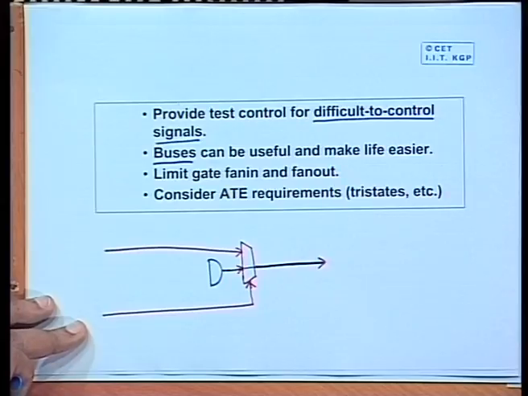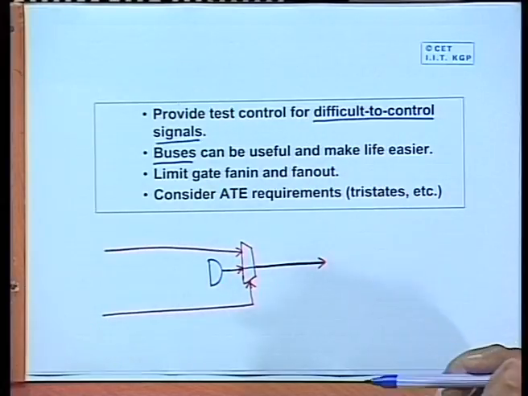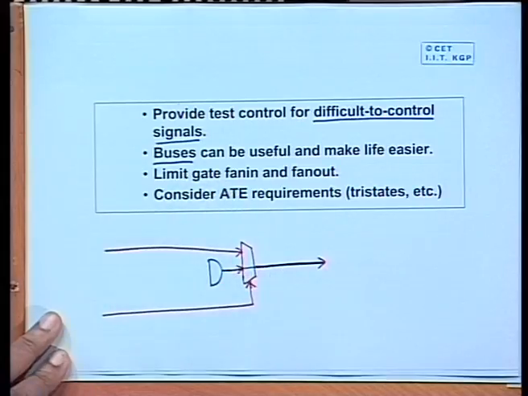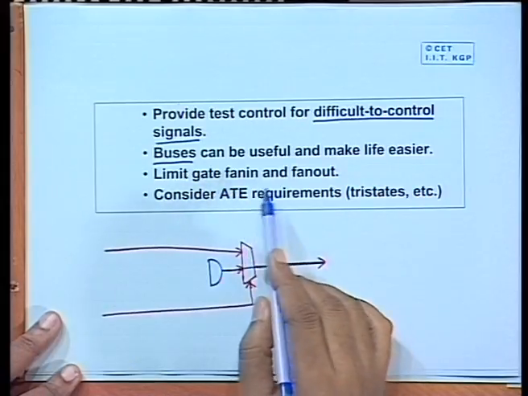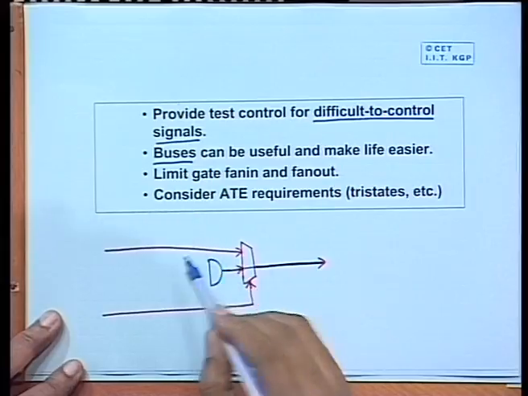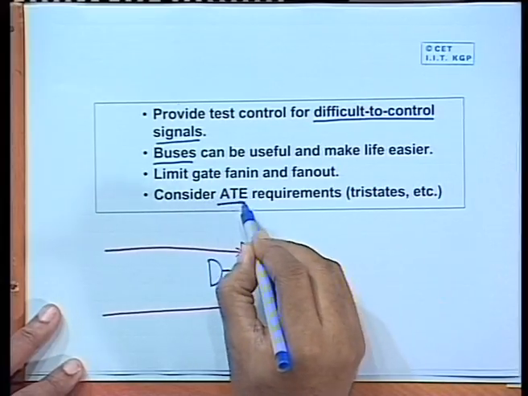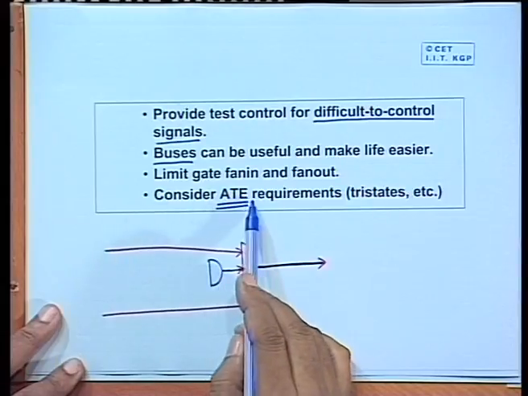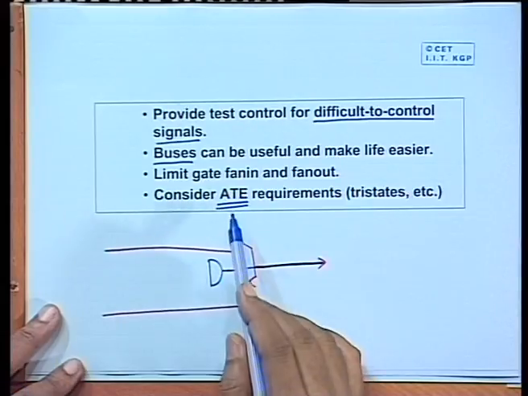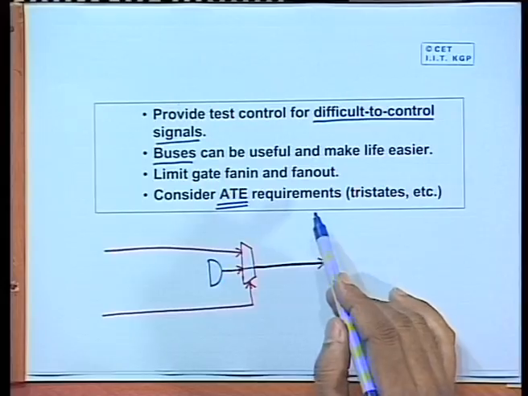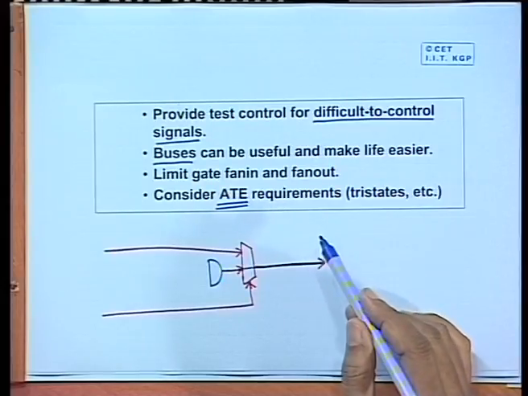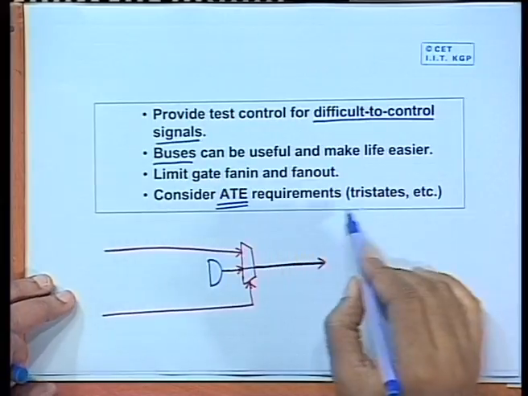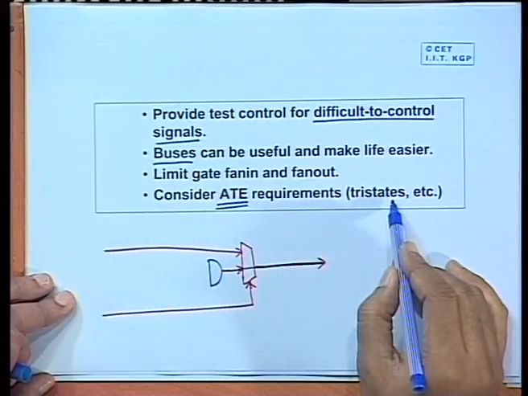Buses are good in terms of testing, so you try to use buses wherever needed. This I have already mentioned, limit fan in and fan out. And ultimately, you will be doing the testing using some automated test equipment or ATE. So, you will have to look at the requirements of the ATE before you frame the design rules, like whether your tester supports tri-state logic or not, for example.